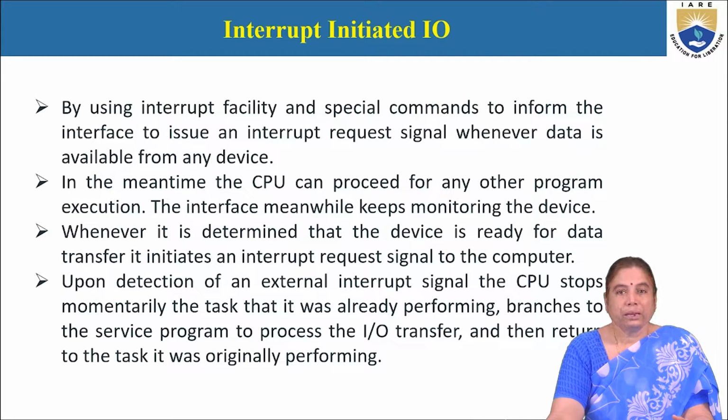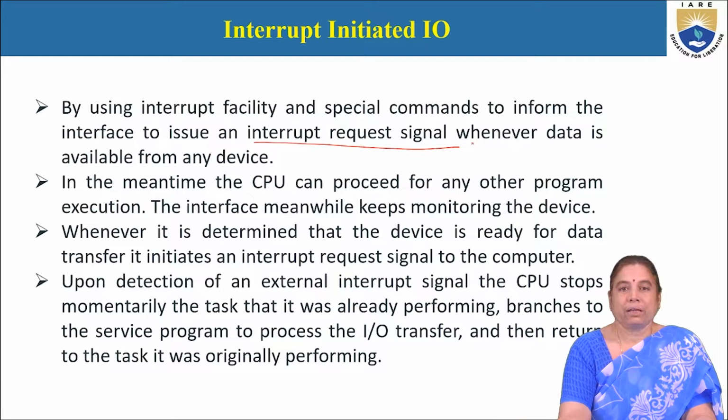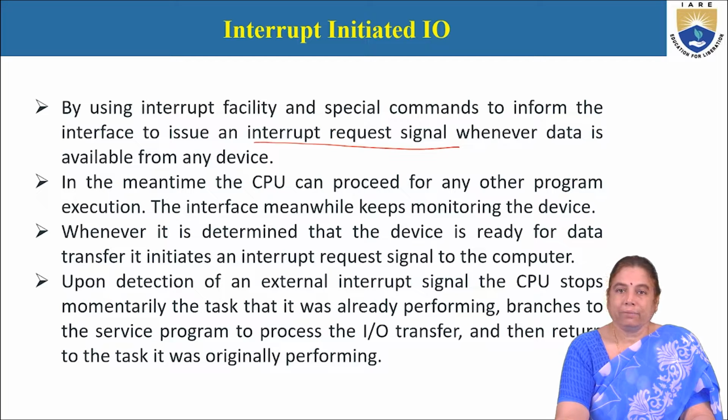By using the interrupt facility and special commands, the interface is informed to issue an interrupt request signal whenever data is available from any device on the data register. In the meantime, the CPU can proceed with other task execution, so the CPU idle time is greatly reduced with the help of interrupt initiated IO.